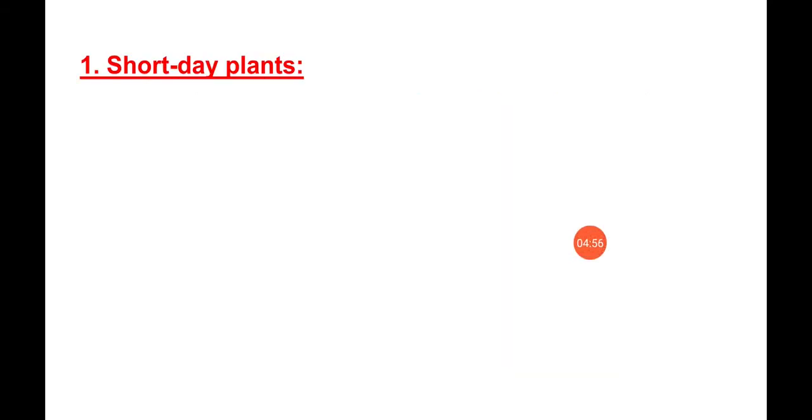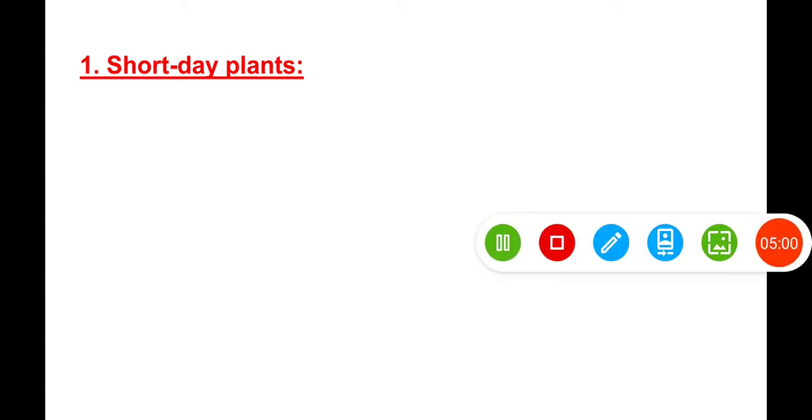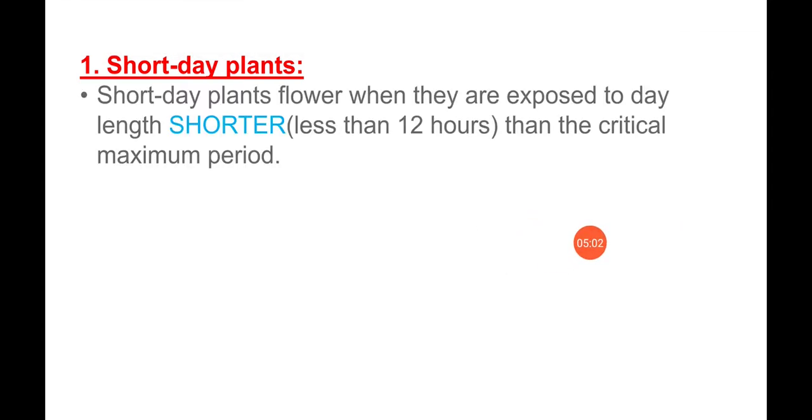Okay. In that, the first one is short day plants. What are short day plants? Short day plants flower when they are exposed to a day length shorter than the critical period. They require less than 12 hours of light, nearly 8 to 12 hours, that is less than the critical period of light.